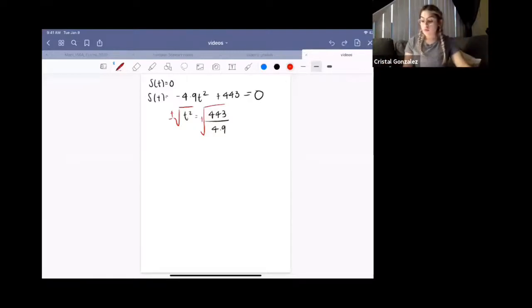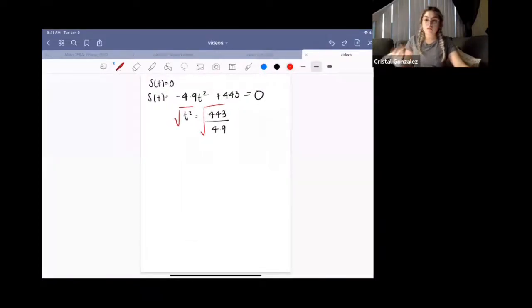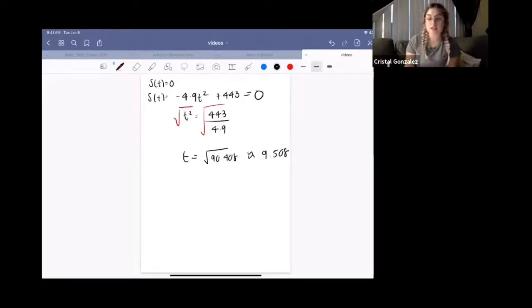So we're just going to leave it like this, because we know that our time has to be positive. So from there, we take the square root, plug this into our calculator, and that tells us that t is equal to the square root of 443 over 4.9, which is the square root of 90.408, which is approximately 9.508 seconds.